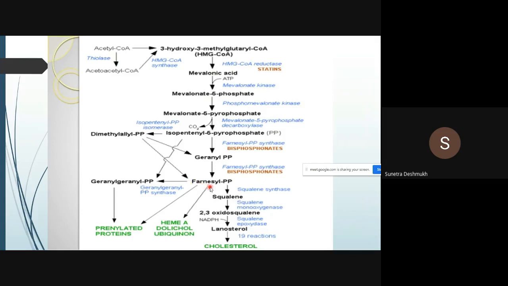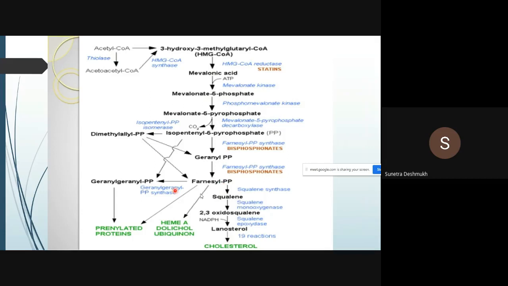This farnesyl pyrophosphate we are going to convert to squalene, and squalene eventually we will convert to lanosterol. Once we get lanosterol, we can convert lanosterol to cholesterol. Up to the last lecture we came to the biosynthesis of farnesyl pyrophosphate.